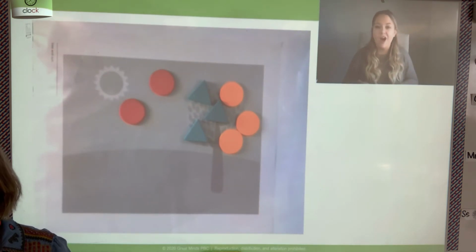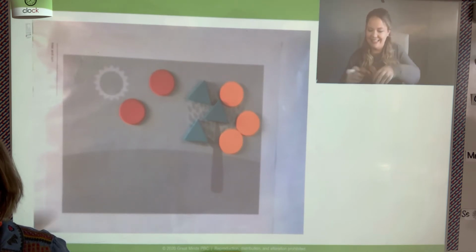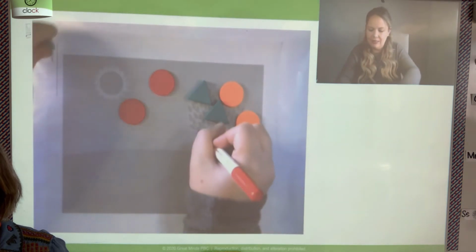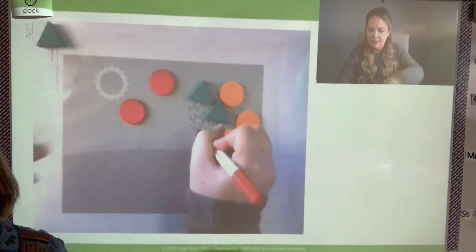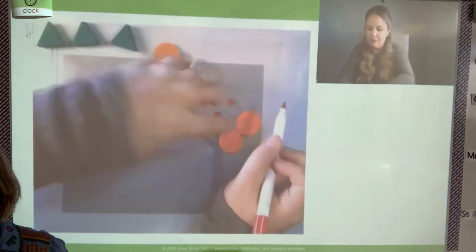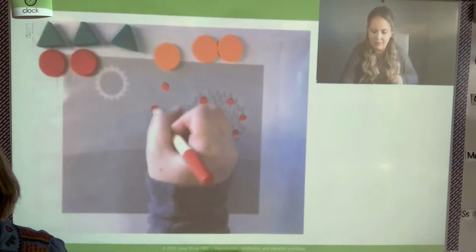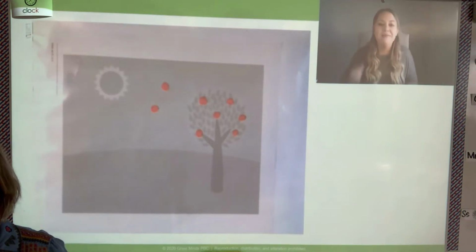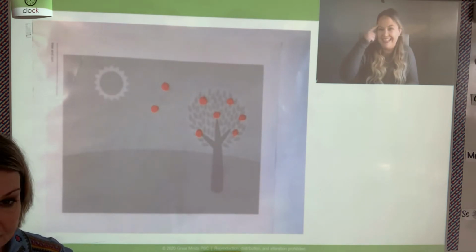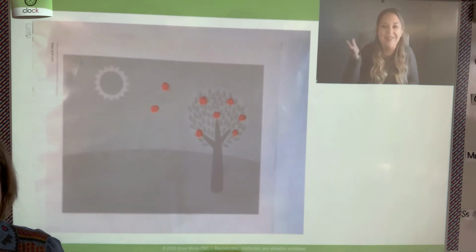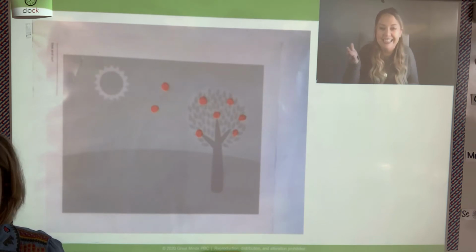I'm going to take off each shape and draw a circle instead of the shape, just like this. How many robins do you have now? Think about it. Are there still 8? Yeah, there's still 8.